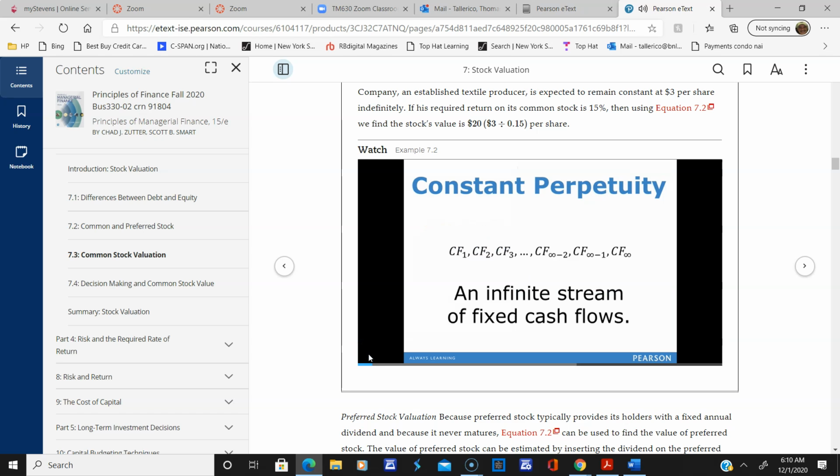One of the easiest time value of money tools to use is the formula that calculates the present value of a perpetuity. You might think that a perpetuity, a stream of cash flows that remains fixed forever, is not something that you will encounter very often in the real world. But in fact, there are a number of real-world applications of the perpetuity formula. Most preferred stocks pay a dividend that is fixed and has no maturity date. In this example, the Denham Company's preferred stock pays an annual dividend of $3, and the company plans to keep paying that dividend indefinitely.